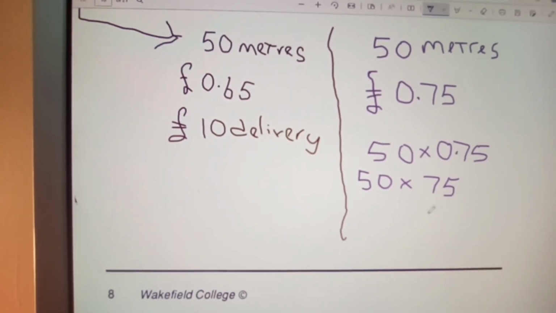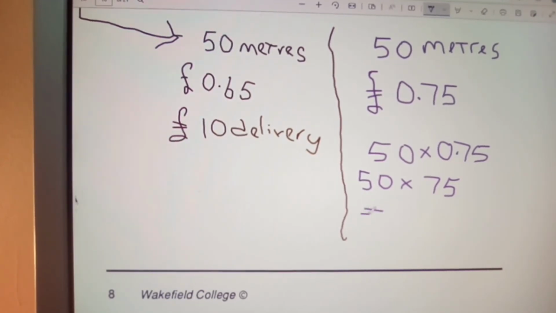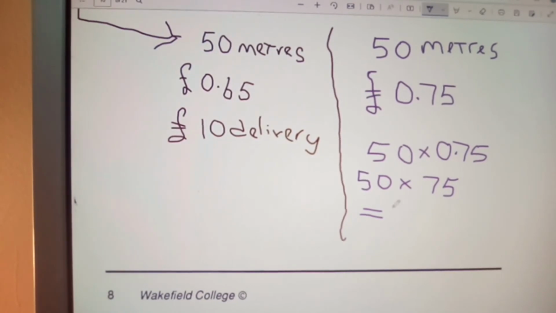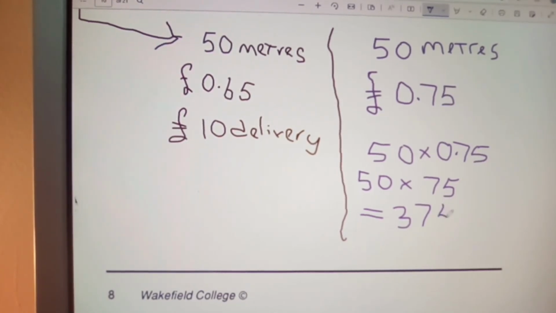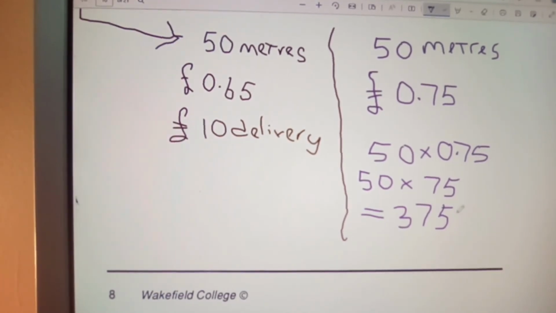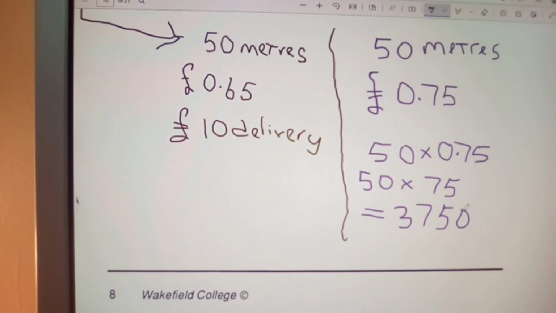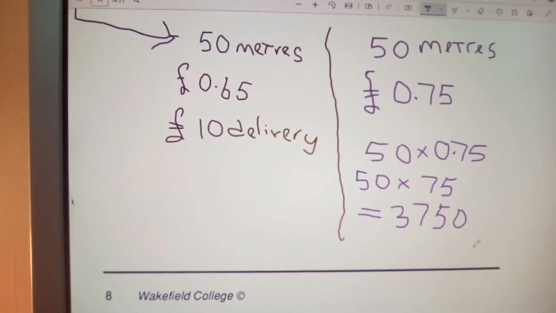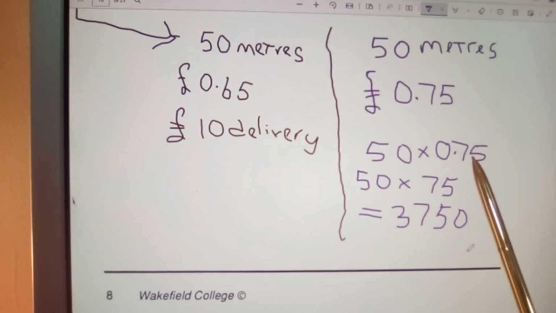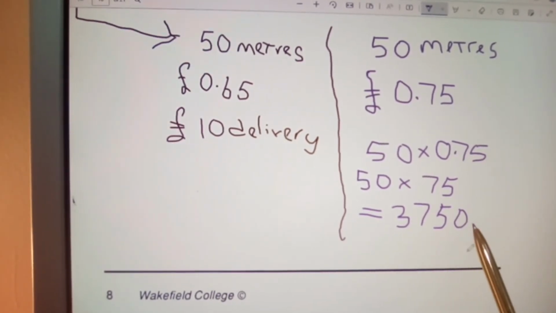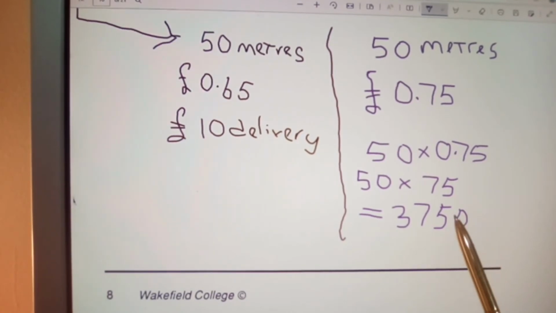And when you multiply that, that's going to equal 3750. Now remember that we moved the decimal point two places to the right, so we now need to move that decimal point back two places to the left, 1, 2.